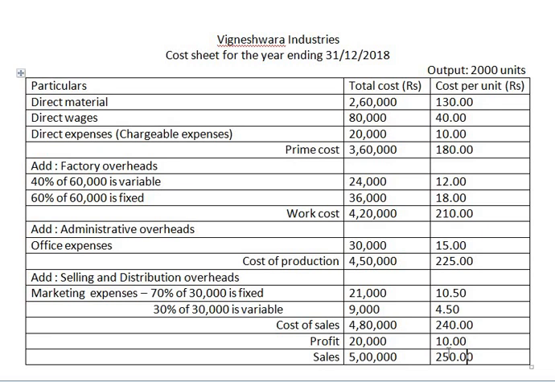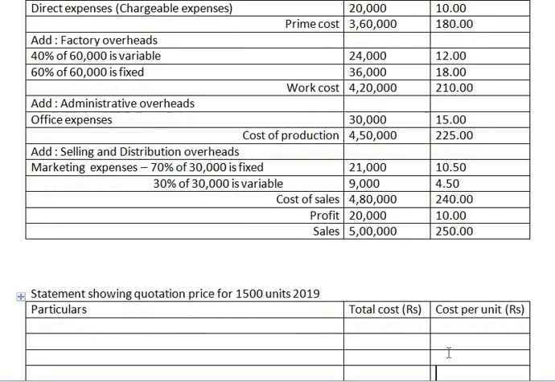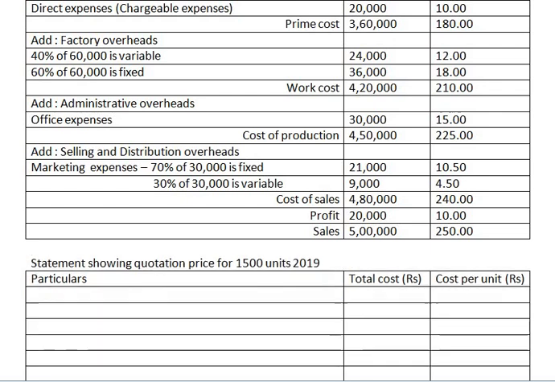Okay, now considering the additional information they have given, based on that we need to prepare a quotation. Now for that write down the heading: statement showing quotation price for 1500 units. Now this quotation will be given in the year 2019.